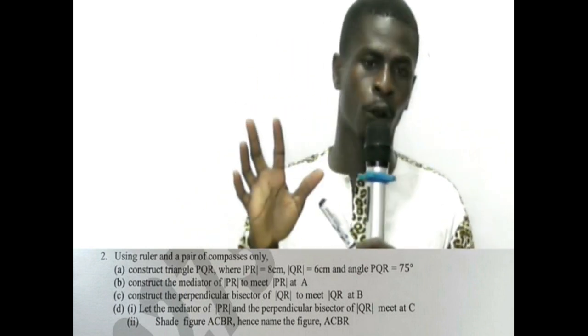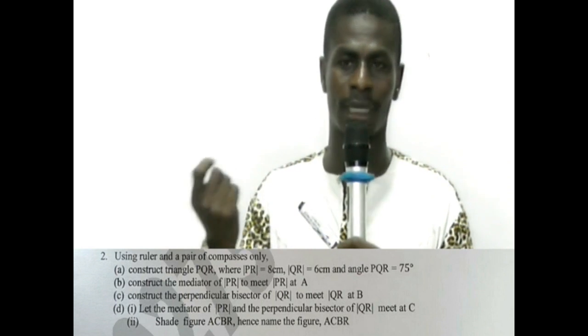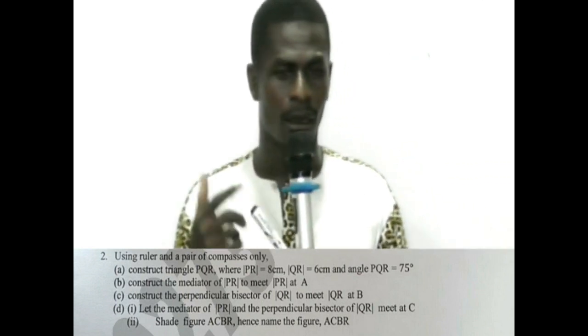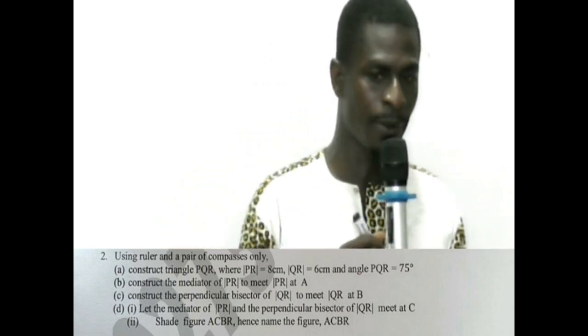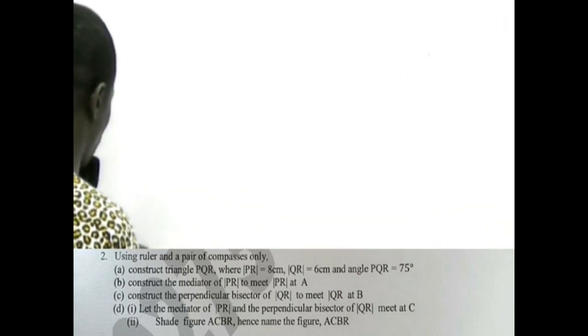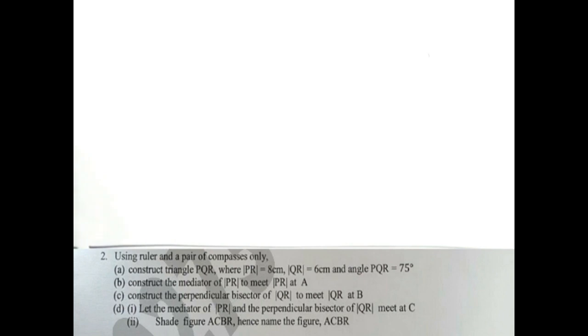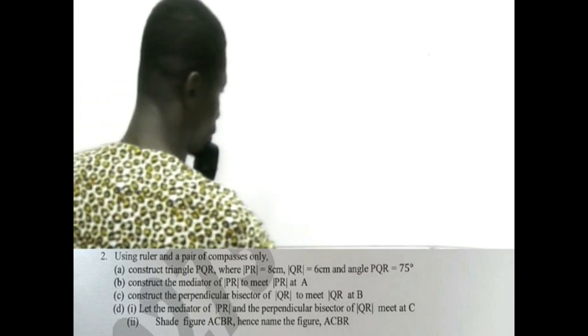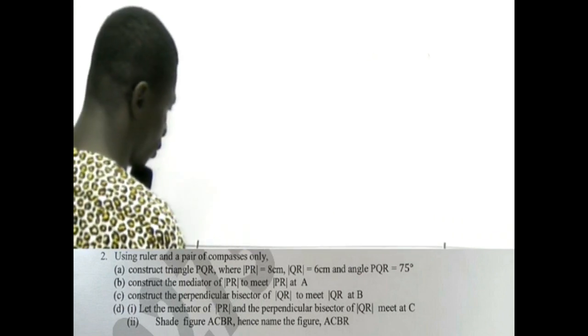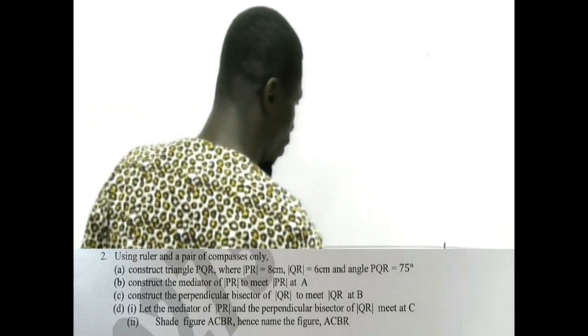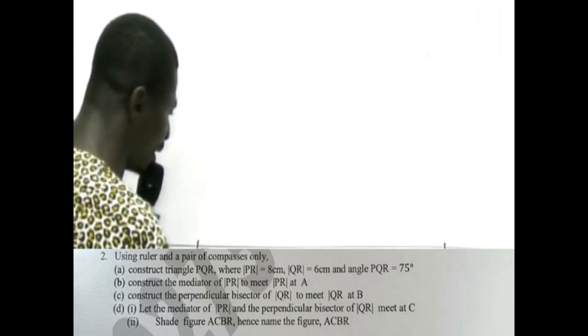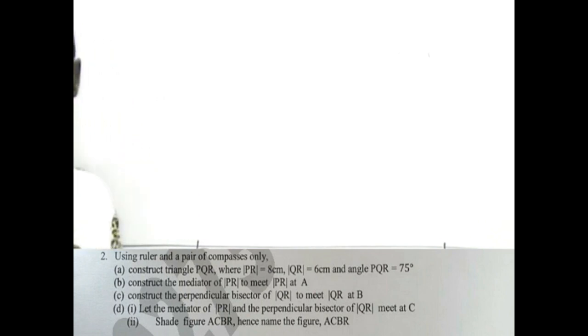So I am not going to do it to scale because I do not have the instrument now. But let us have our PR to be 8 centimeters. So I draw my line. Then I'll measure PR, and my measurement is 8 centimeters.